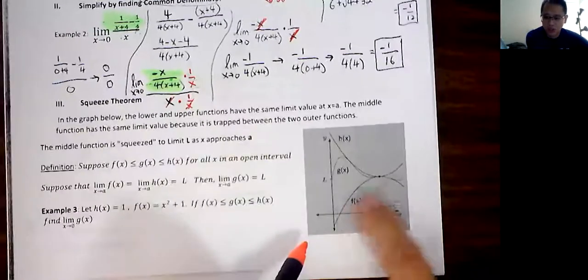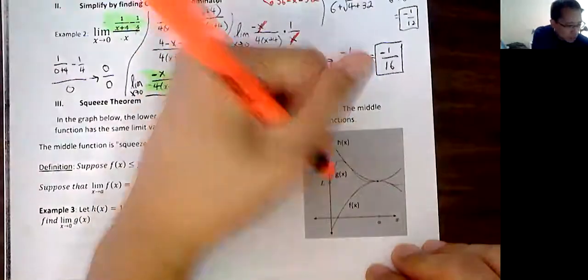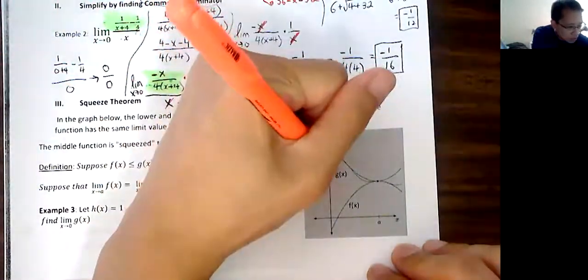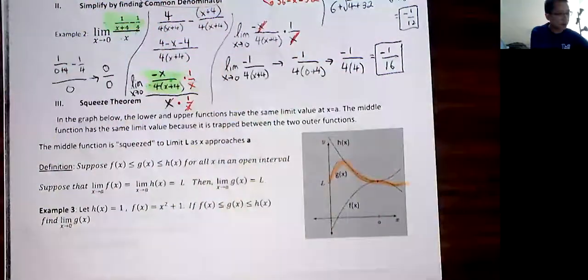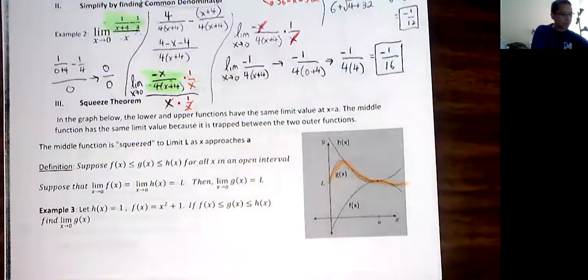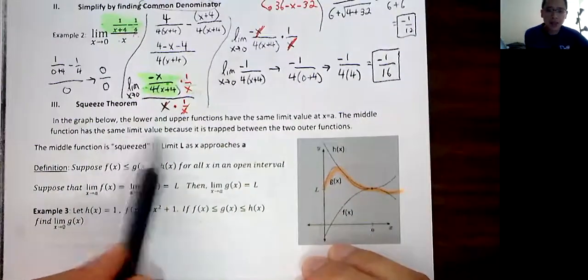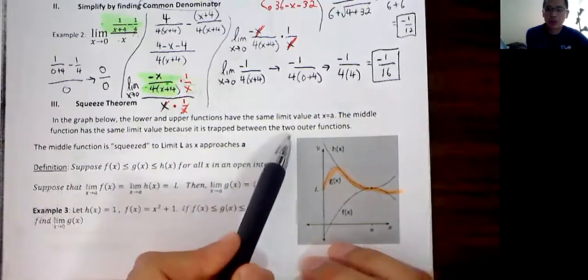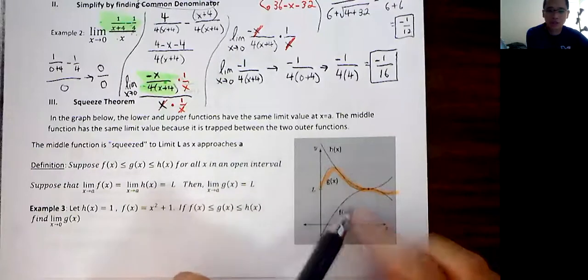So the lower function is f of x, the top function is h of x, and I'm going to highlight the middle function. It's this g of x. So the middle function has the same limit value because it is trapped or squeezed, sandwiched between these two outer functions.